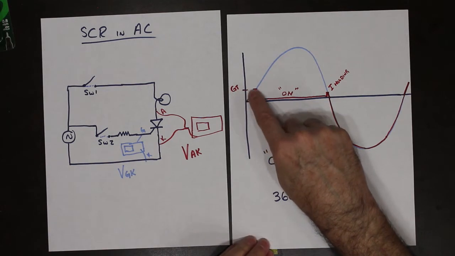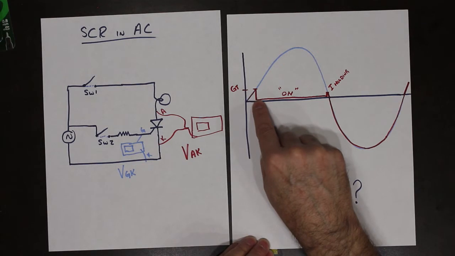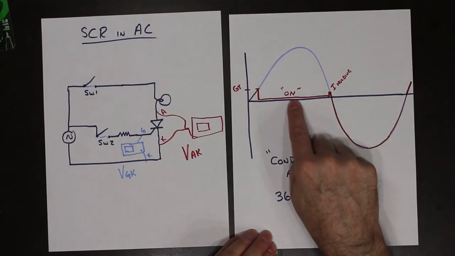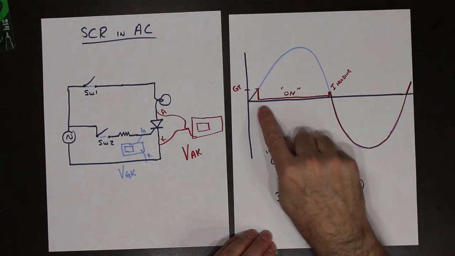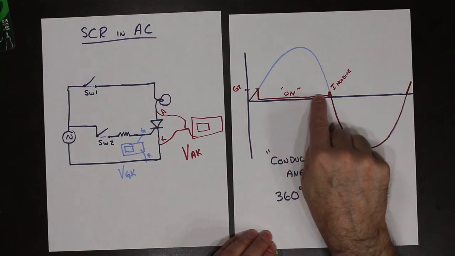Once that happens, it turns the device on. So the voltage across the device is approximately 0. It's not exactly 0 because it's not a true switch. It's a semiconductor switch. So the voltage across the device is close to 0.